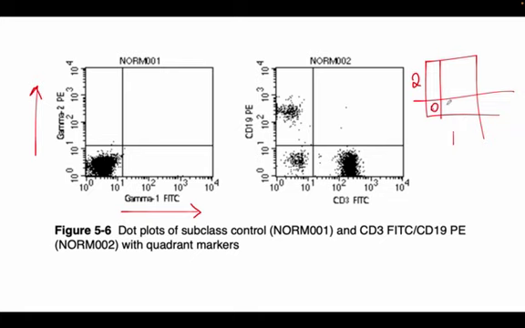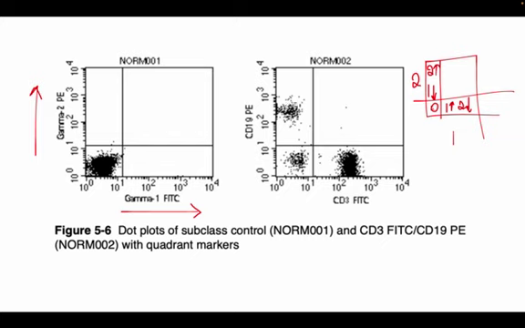In this quadrant, 1 is high and 2 is low. This is a high amount of parameter 1, so for example, this is high CD3, but it is low for this other marker, which is CD19. In this quadrant, however, it has a high amount of CD19, that means 2 is high, but the amount of CD3 is low.